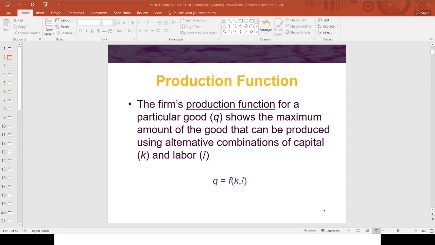Then you get this, using the fact that dK by dL is the negative inverse of FL by FK along an isoquant, and Young's theorem, FKL equals FLK. But we are not concentrating too much on this.